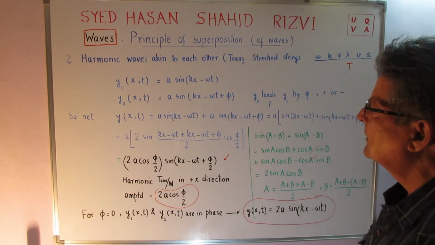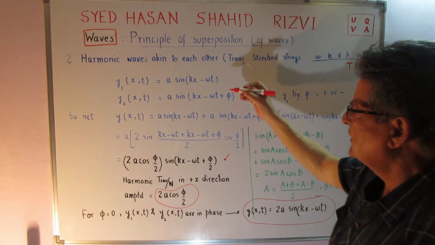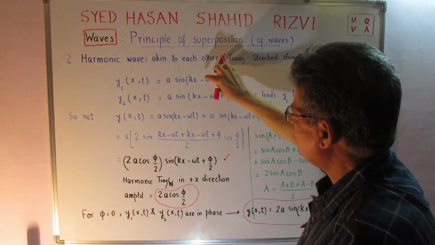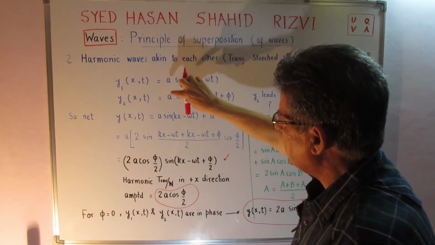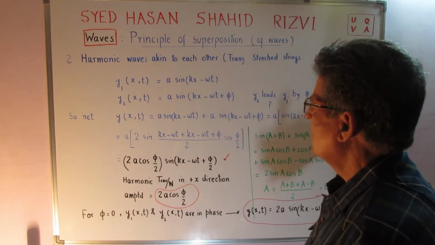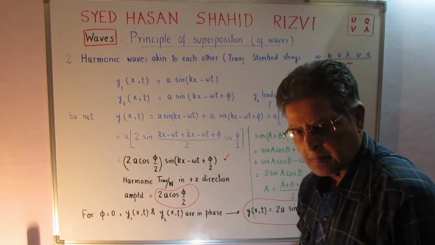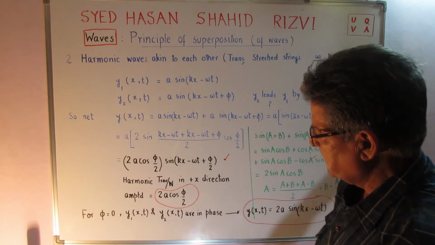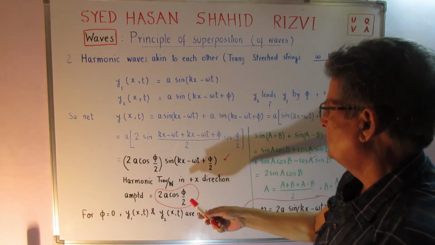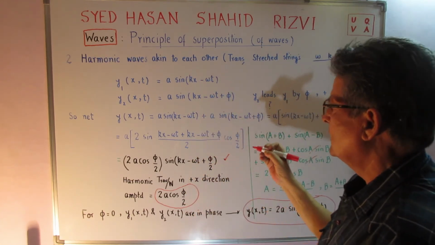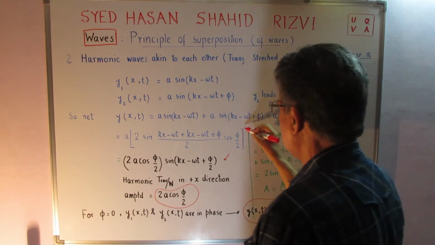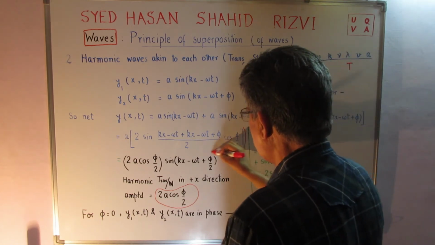We add these two together. This a plus a becomes equal to 2a, and retained is sine of (kx minus omega t). So that means the explanation of this wave here. This is the wave equation. Okay. This is the equation that we should look at.